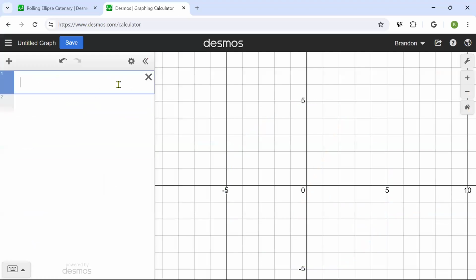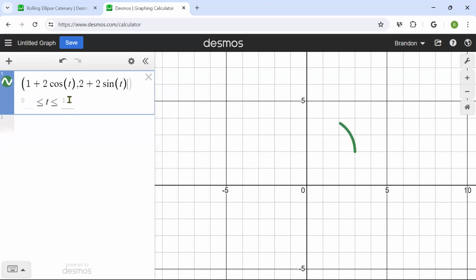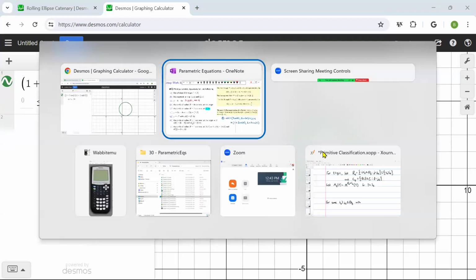Let's plot it. So 1 plus 2 cosine t, and 2 plus 2 sine t, go from 0 to 2 pi. There it is, and the center's right there, right at 1, 2. So it all works out. It's a little tricky at first to see how to do that.